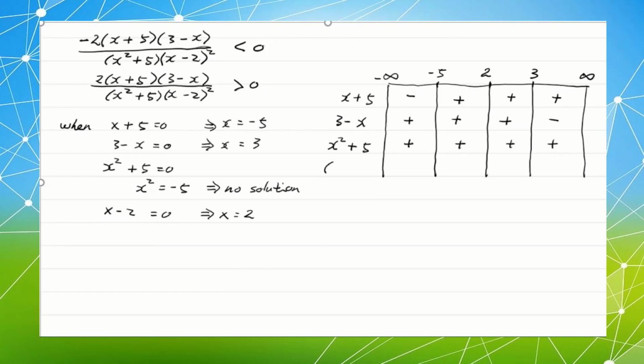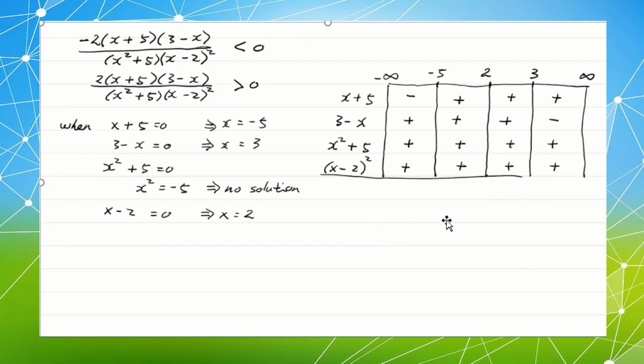Then we go to x minus 2 power 2. Same as x power 2 plus 5, for all the values of x we found that x minus 2 power 2 is always positive because of the power 2 here. So therefore, for all the values of x, it is positive.